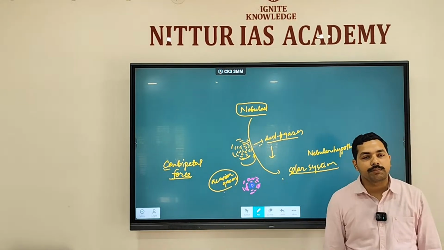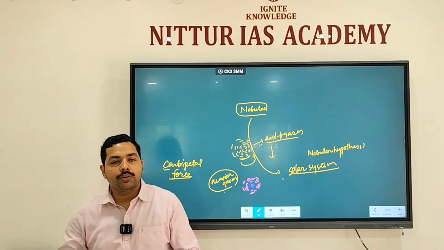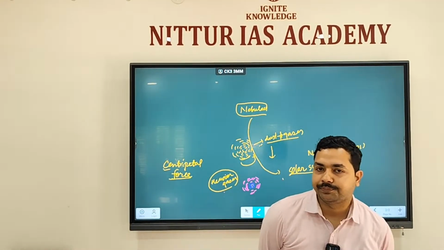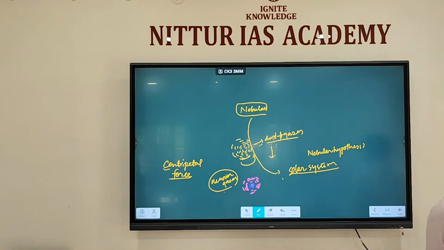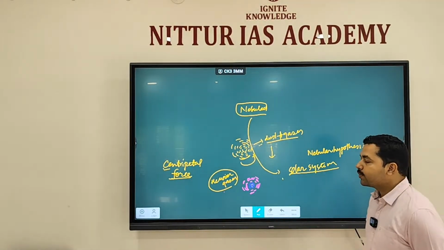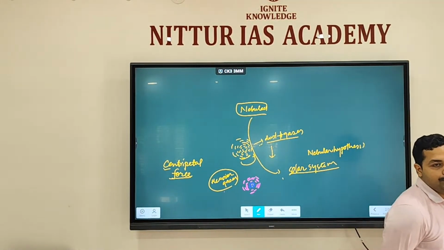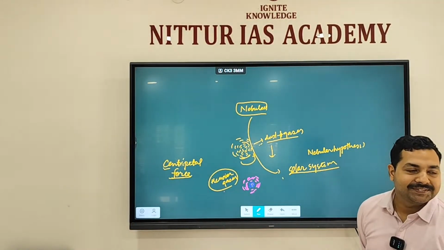Why will this happen? Why will the heavier part come towards the center, while the lighter part will go away? Due to the force.